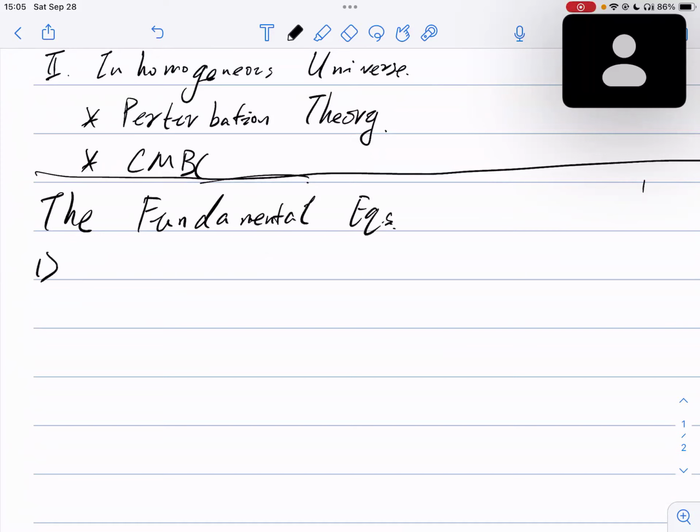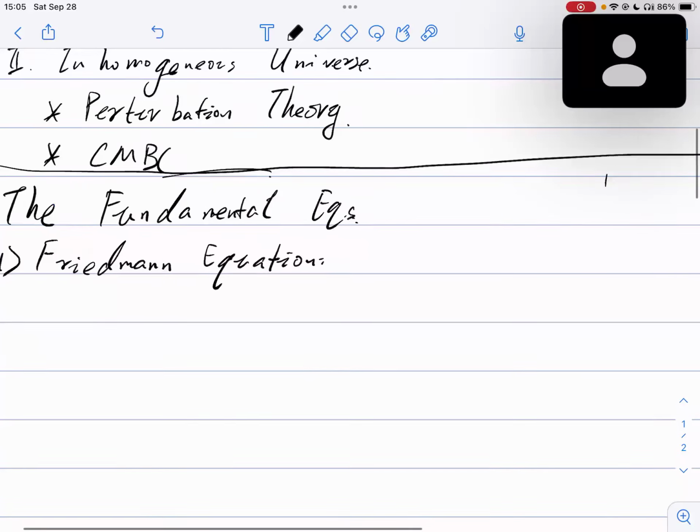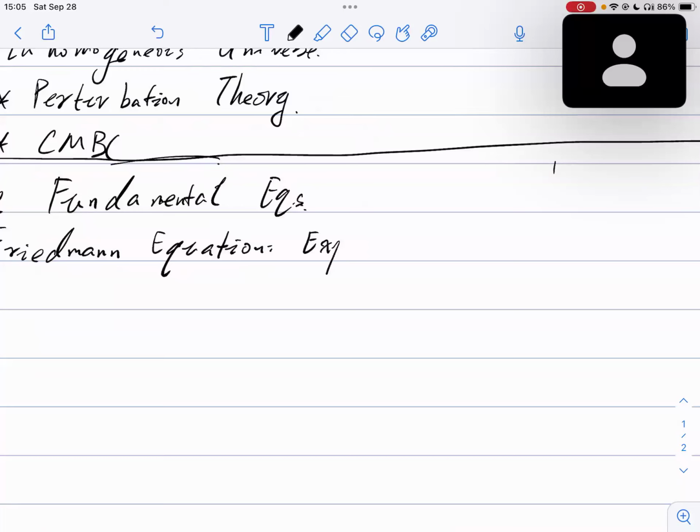The first one is the Friedmann equations, which I just talked about. They govern the expansion history of this universe.